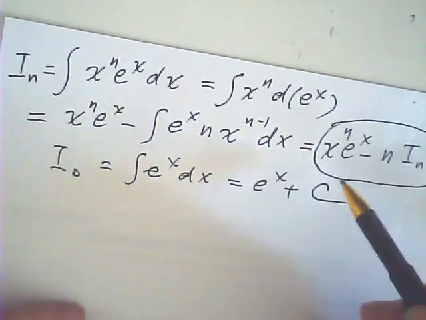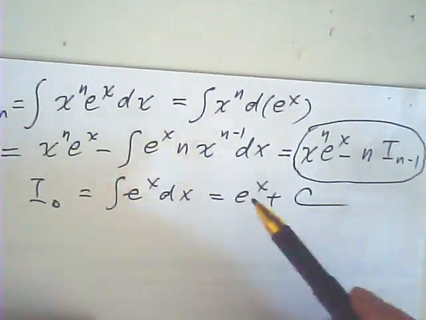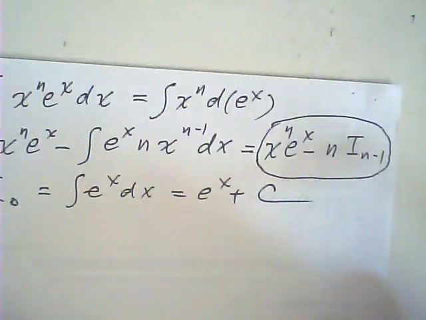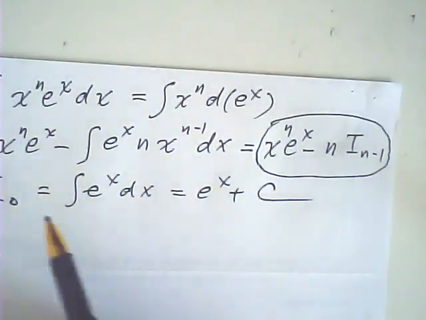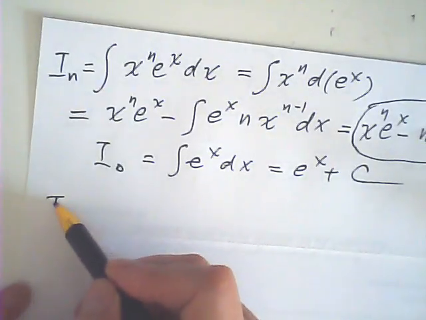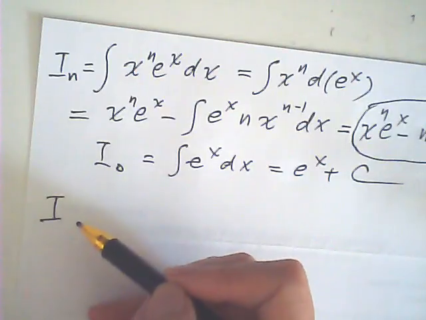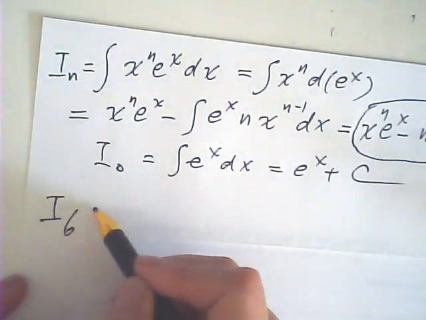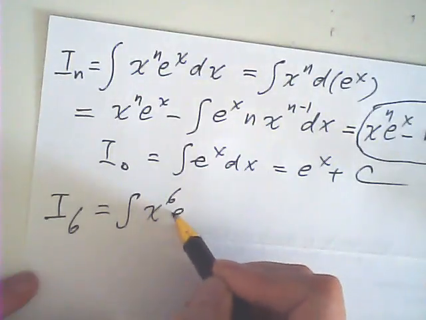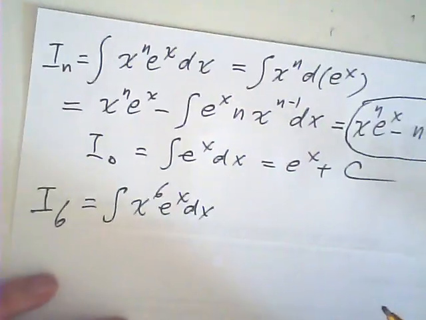Okay, when you use the reduction formula, it must have an end. The end is I0. So just, for example, how about I6? This is equal to the integral of x^6 e to the x dx, right?